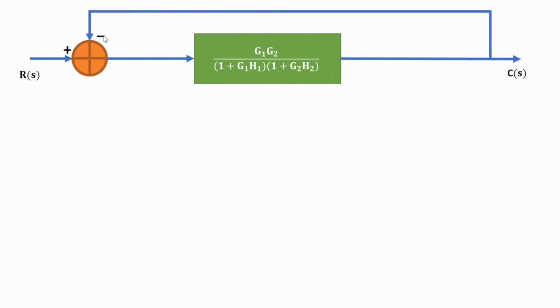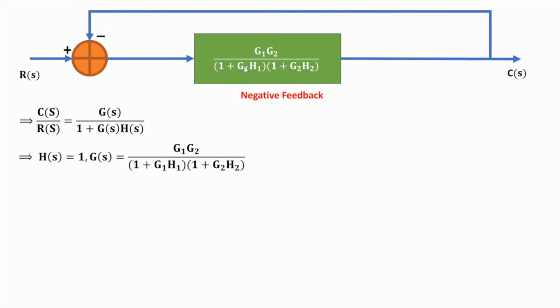So negative feedback is having final calculation, that is G divided by 1 plus GH. Here H is unity feedback and G is this, right? If you substitute this data where G is this and H is 1, then you will be getting this.